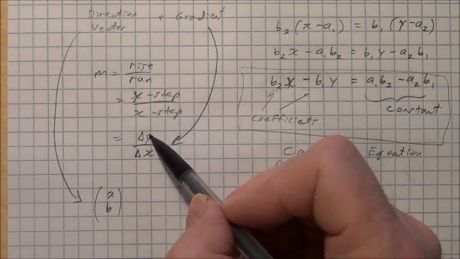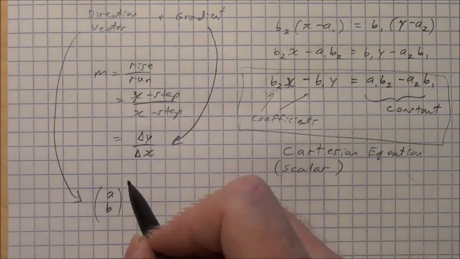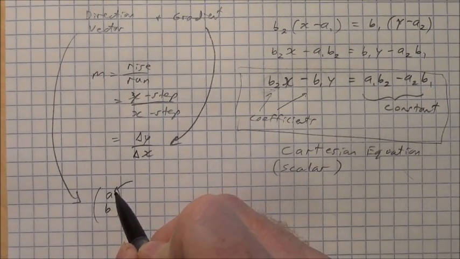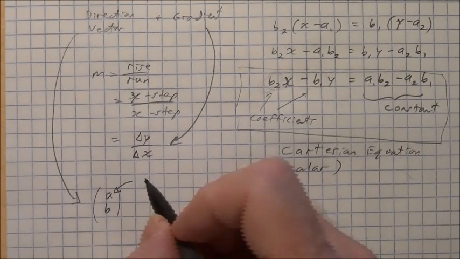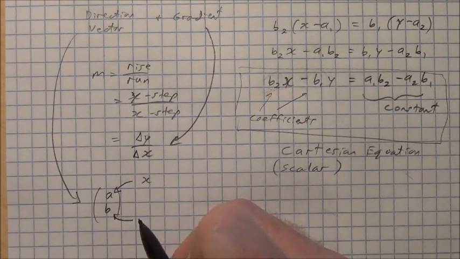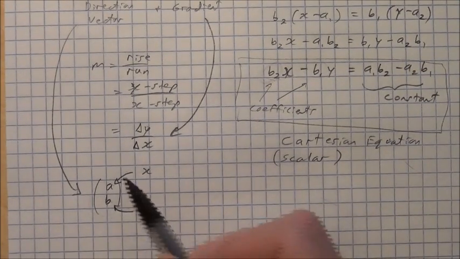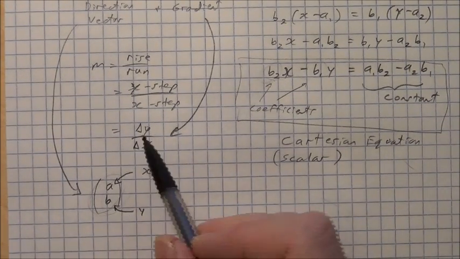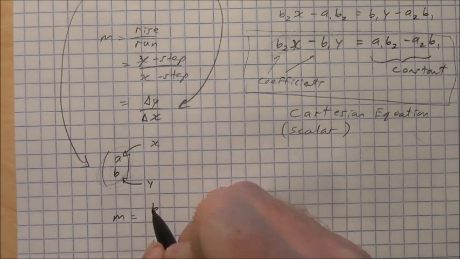So notice we've got delta y over delta x here. Here we've got a over b, but this is the x component of the direction vector, and this is the y component of the direction vector. Therefore, if we use these values in the gradient formula, then we get m equals b over a.